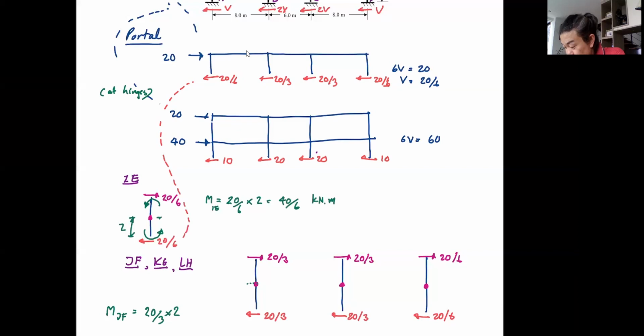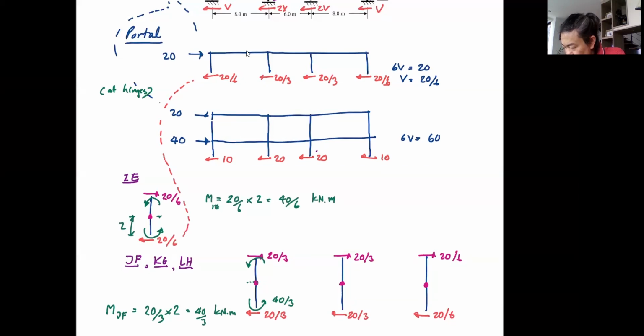And this shear goes left, so the moment must go right. This is 40/3. And this one goes right, so this one goes left. So you see the direction of the moment is pretty much similar to what we have done before.